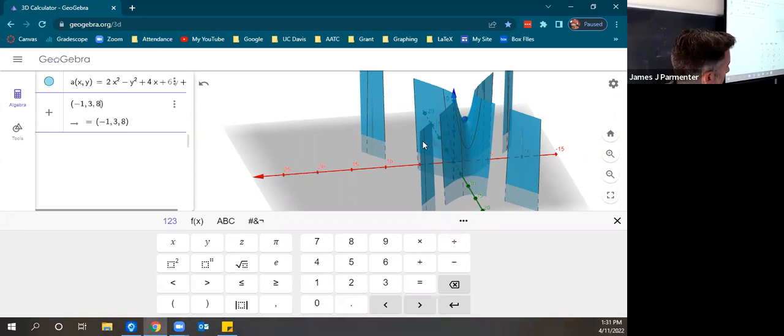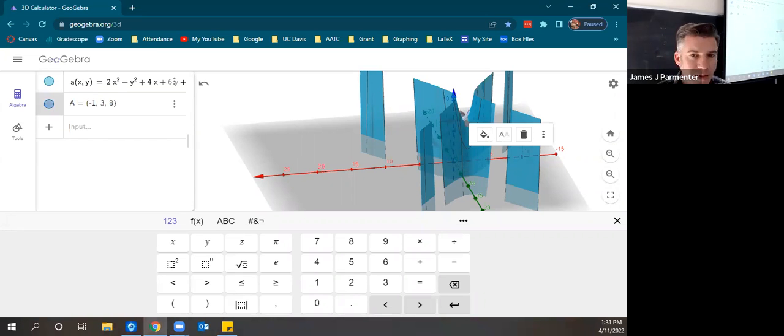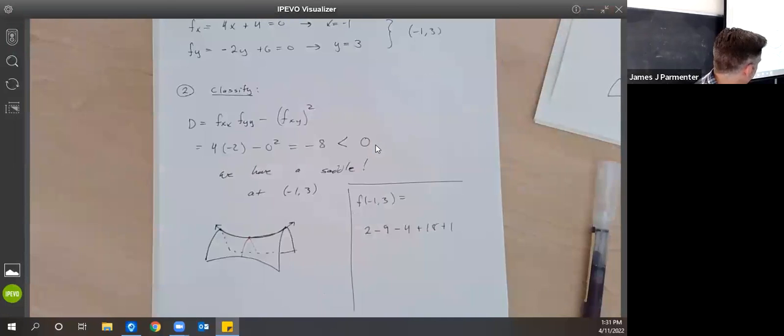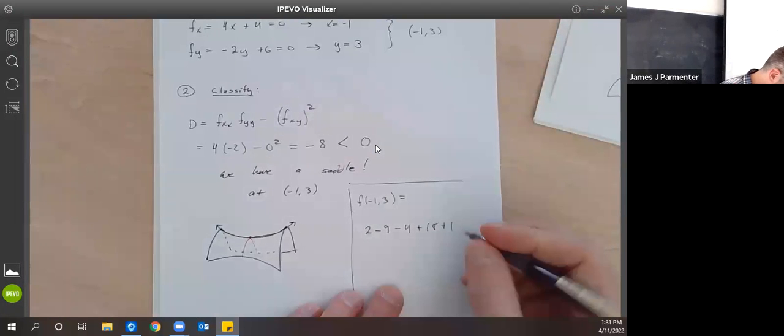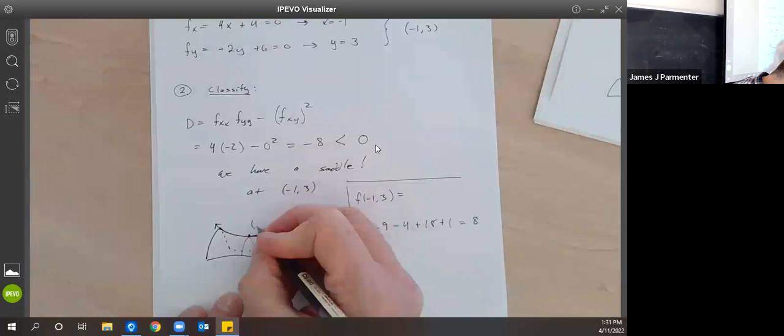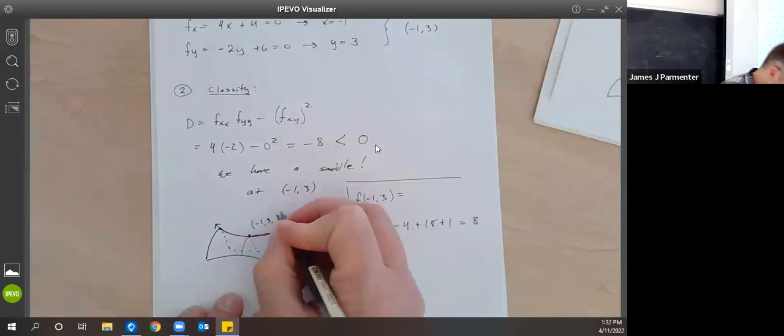Yeah, look, it's right there. You can see it. It's kind of cool. So anyway, it's good to graph things so you can actually see that the thing we did to show this was a saddle is actually showing it's a saddle. So that point on our saddle was the point -1, 3, 8.